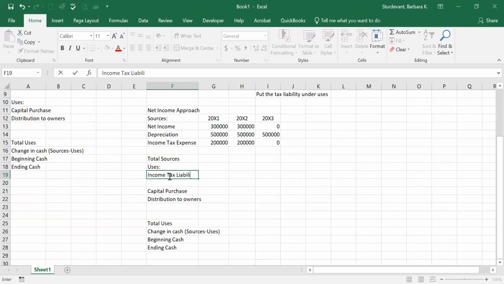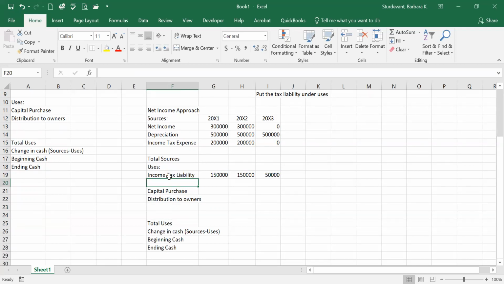And remember, we're doing this from a cash point of view. Then let's look at what else we have. Increase in accounts receivable. Every year accounts receivable increased.